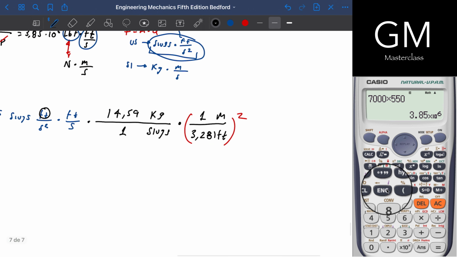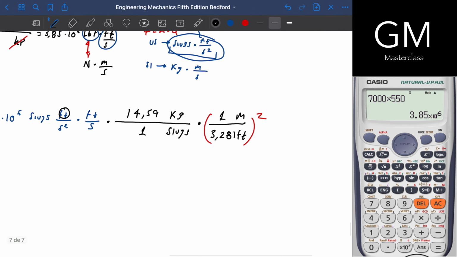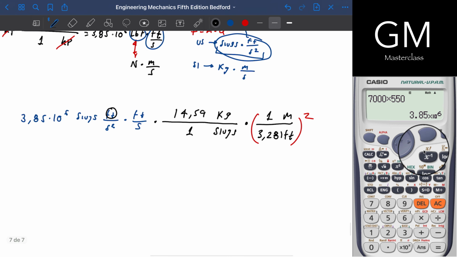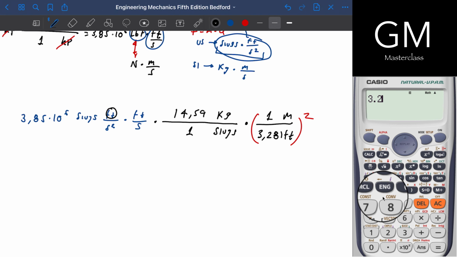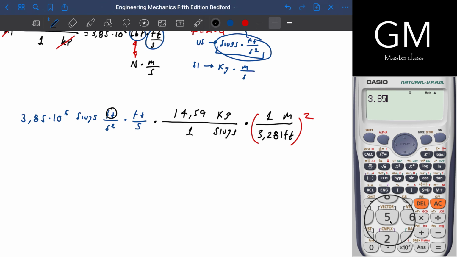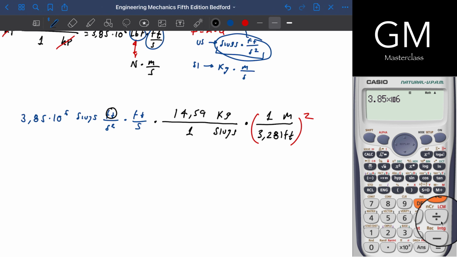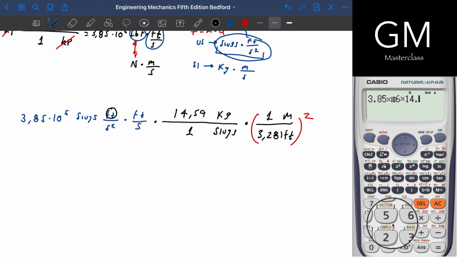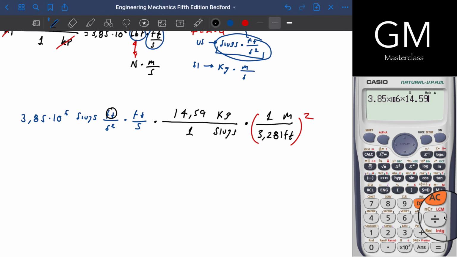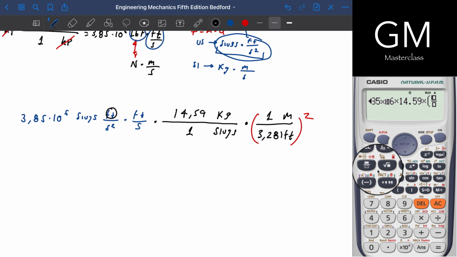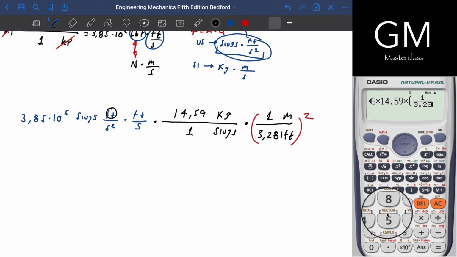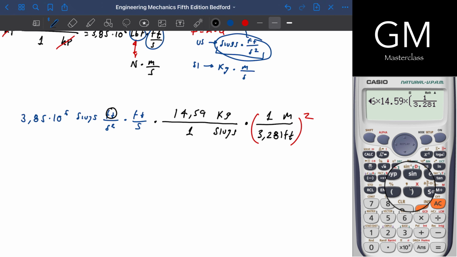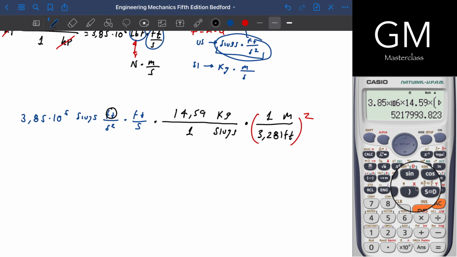Now, let me get that result in the calculator. 3.85 times 10 to the 6th power multiplied by 14.59 and multiplied by 1 divided by 3.281 to the second power.